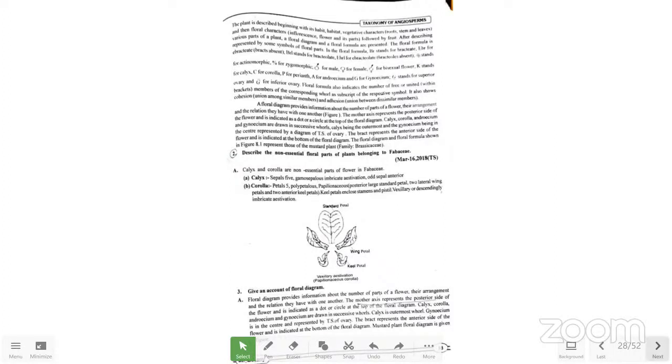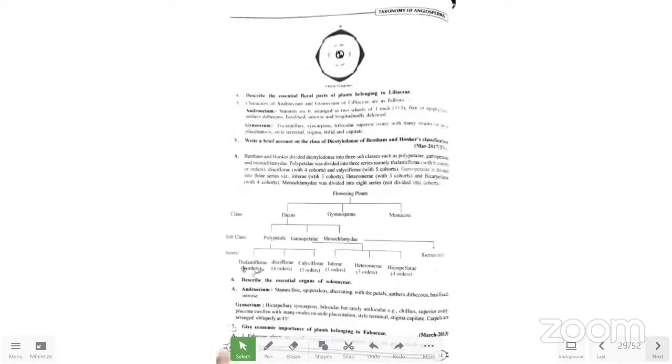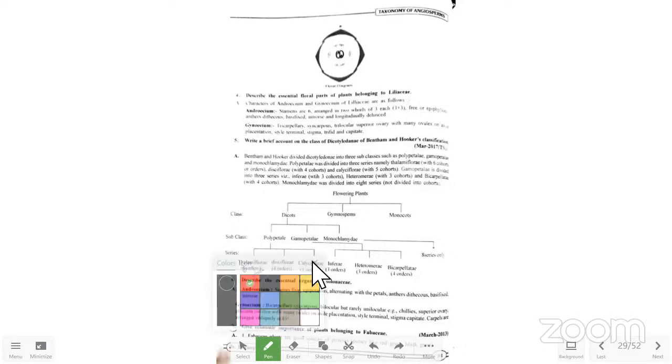Now we will go with the next most important question, that is, describe the essential floral parts of plants belonging to Liliaceae.